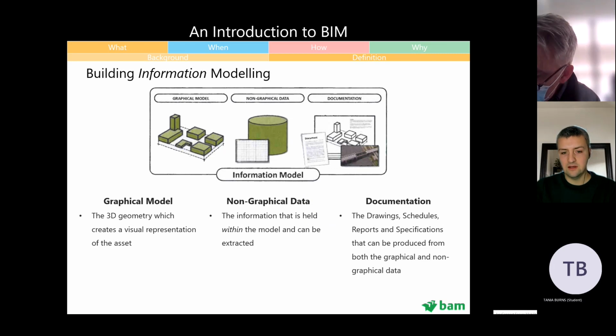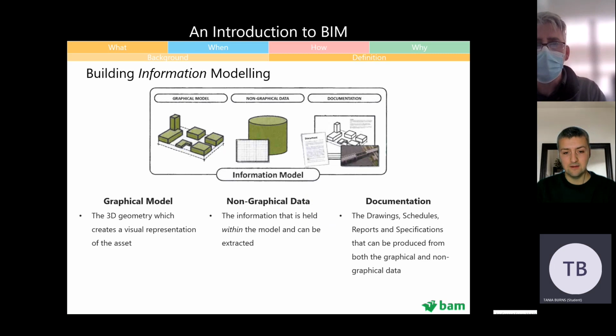So the second element is the non-graphical data, and this is information that's held within the model and can be extracted. For example, when you draw a wall in Revit, it's automatically got all the quantities built in. So the length of the wall, the height of the wall, the depth, what it's made up of, the various layers, insulation, and so on, the cavity.